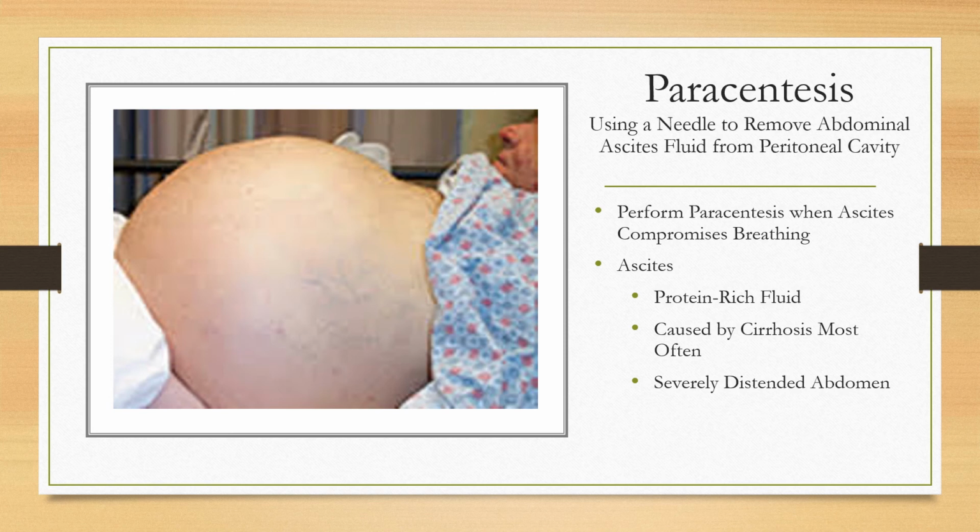We typically will then take our paracentesis needle and carefully put it through the anesthetized tissue while pulling back on the syringe. We're putting it through very carefully while pulling back on the syringe until we get peritoneal fluid back.